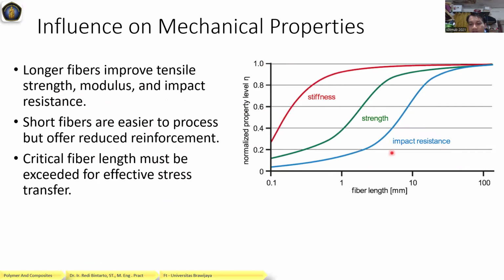In the graphic here, when the fiber length is increased, the property level, stiffness, strength, and impact resistance, is higher. So when we have the opportunity to use longer fiber, it's better.